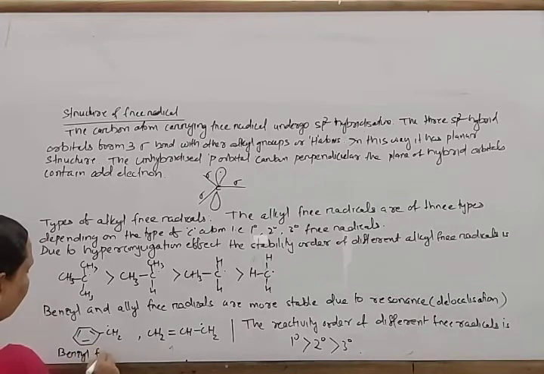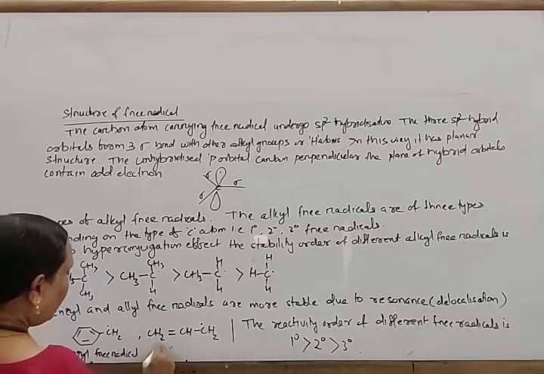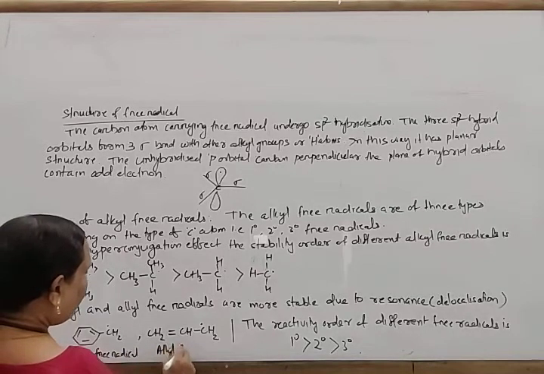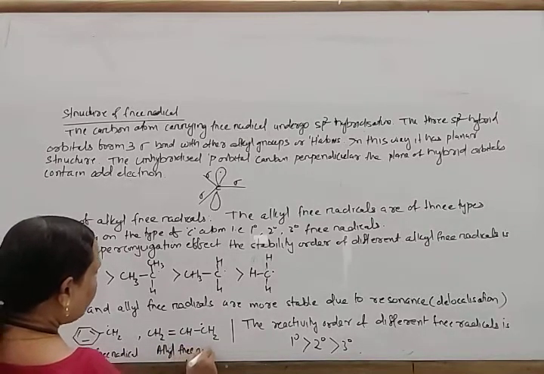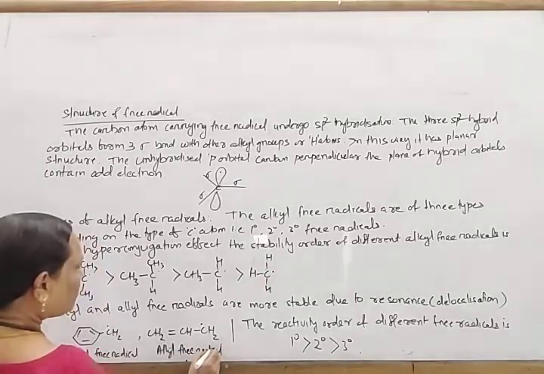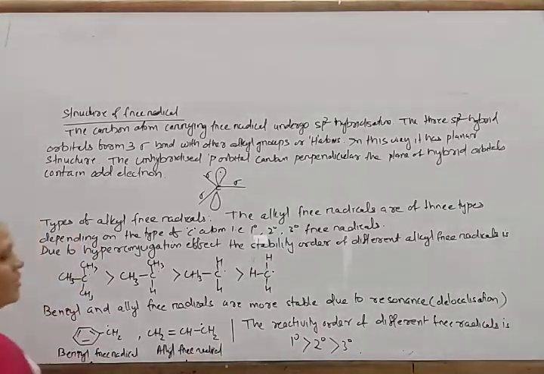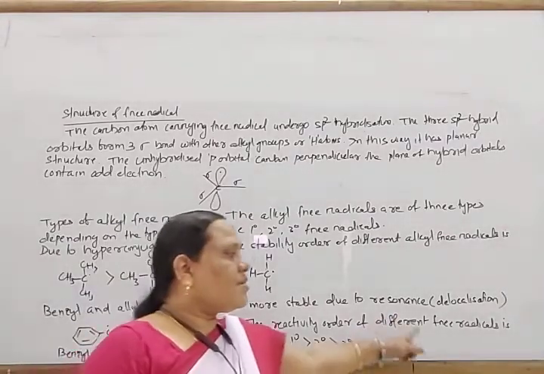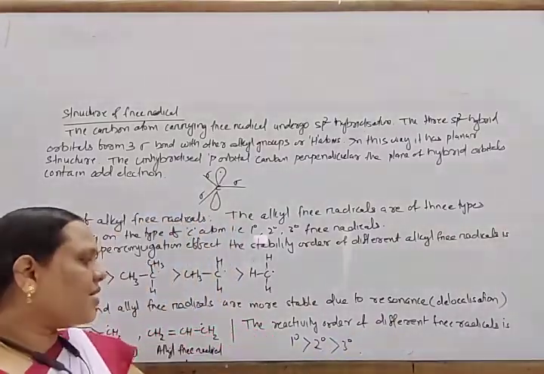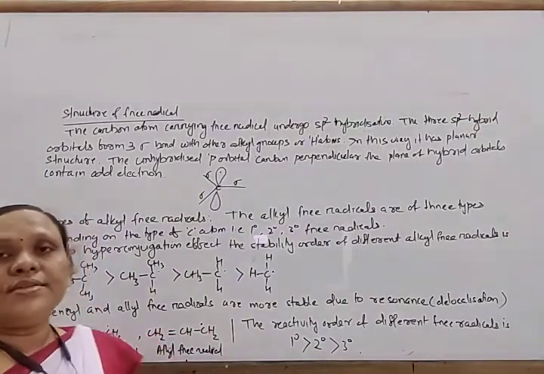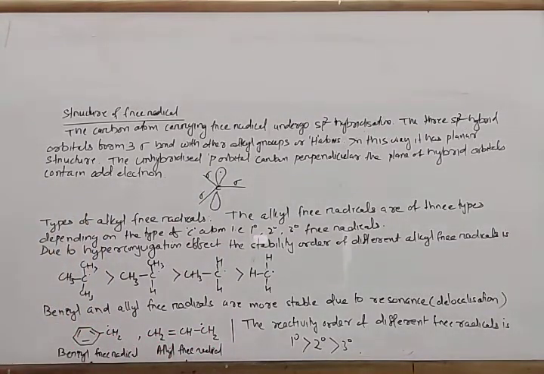Benzyl free radical, and this is known as your allyl free radical. So allyl free radical is also more stable than these two. Okay, so the reactivity order of different alkyl free radicals is primary, then secondary, then tertiary. So note down these points.